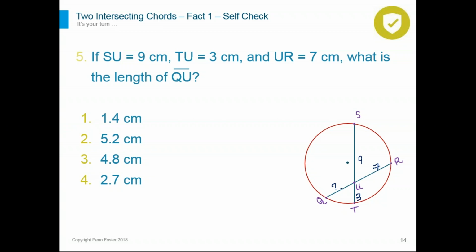I'm going to remind you of the proportion that we just went through. It should be SU times the other segment from the same chord, UT, equals the two segments multiplied from the other chord, QU times UR. You have 3 given and 1 unknown.